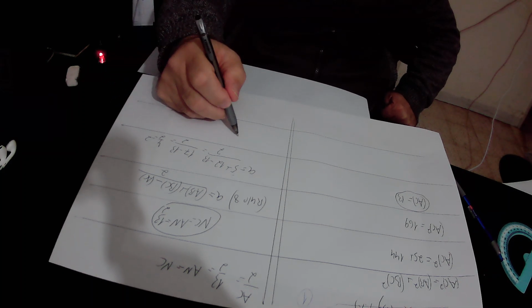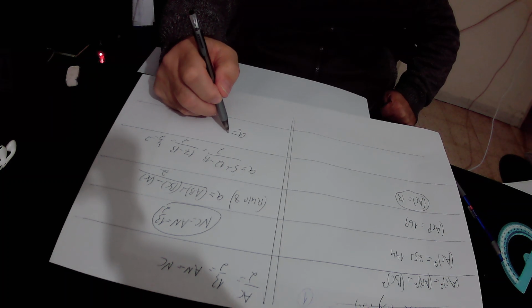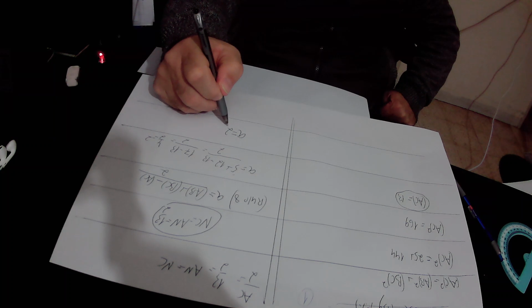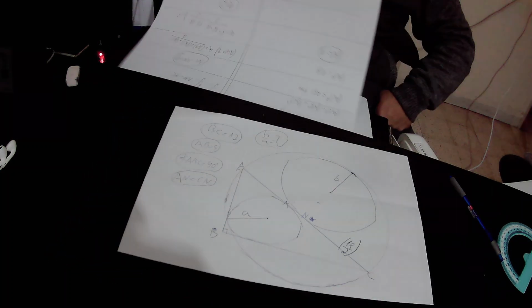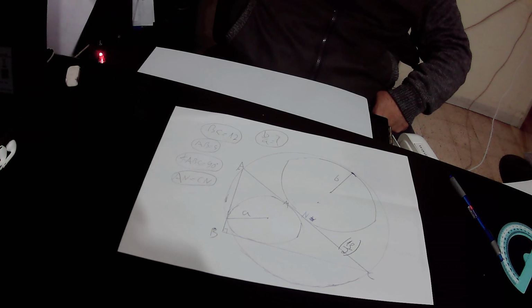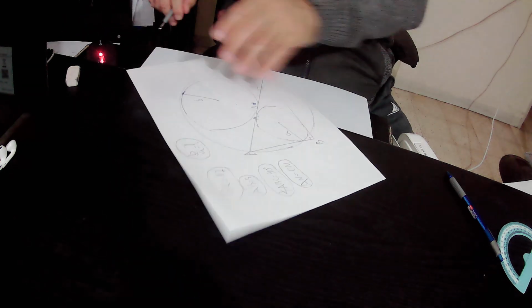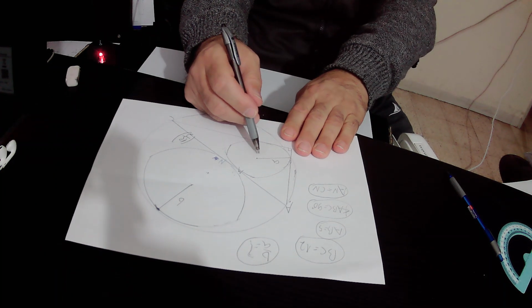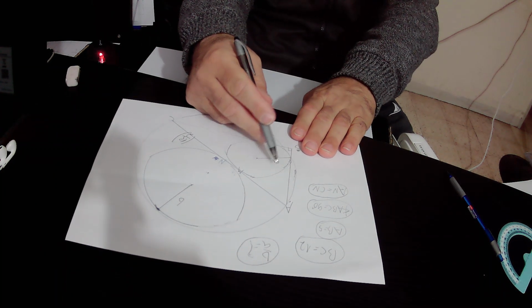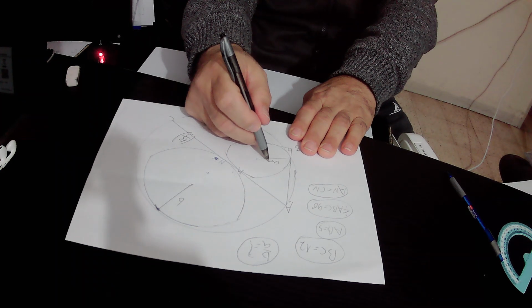So finally we found out that the length of the radius A of the smaller circle equals 2 units. A equals 2.